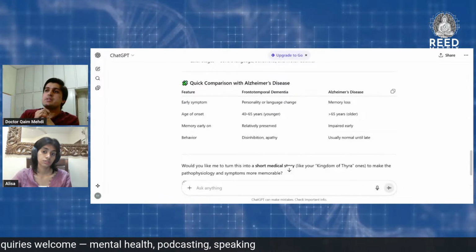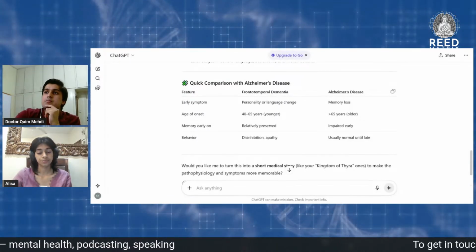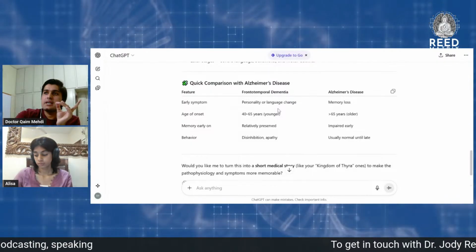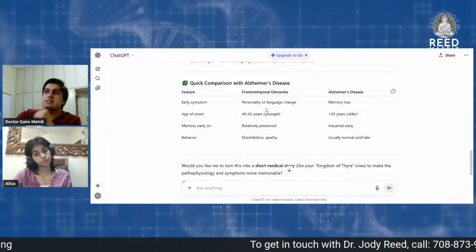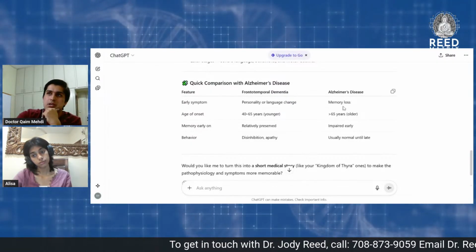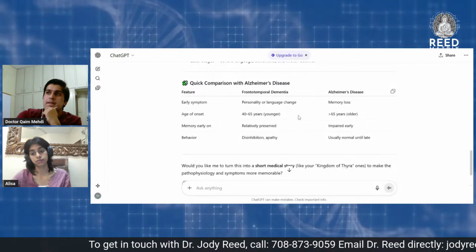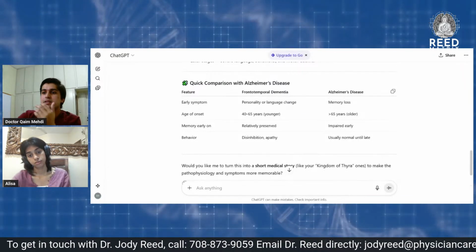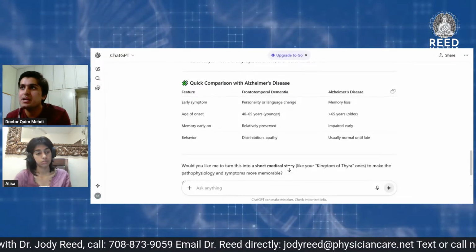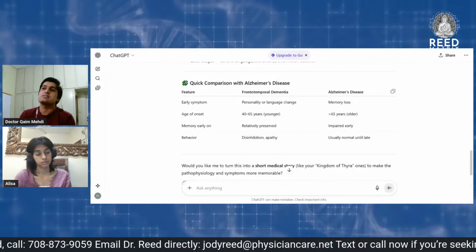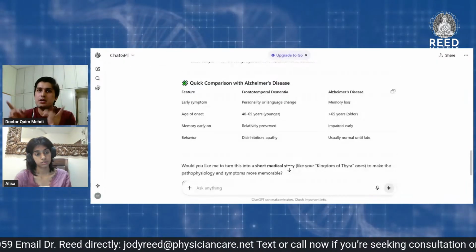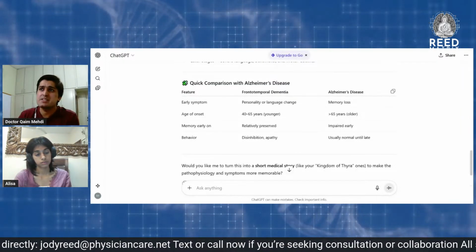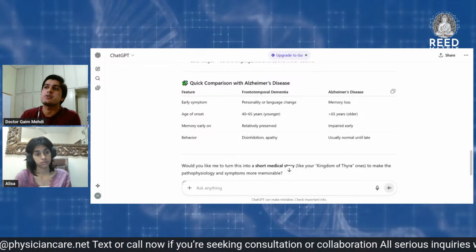That's what ChatGPT is showing. The early symptom in frontotemporal dementia is personality or language change, while in Alzheimer's disease it is memory loss. So if it is focused on memory issues, then it is Alzheimer's disease, and if it is more focused on personality or language changes, then it is frontotemporal dementia.